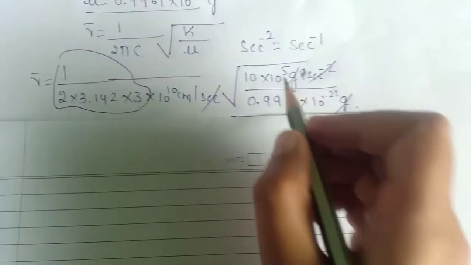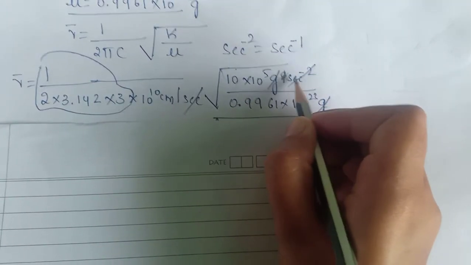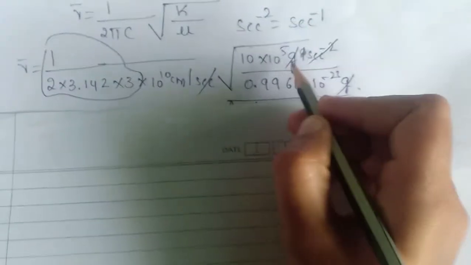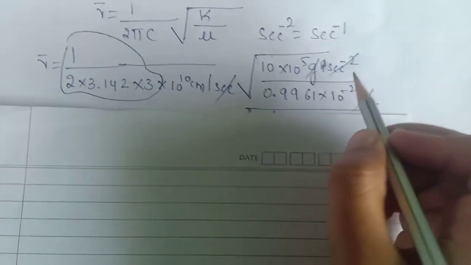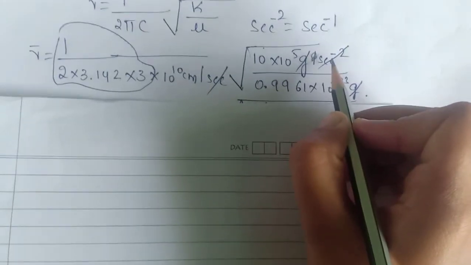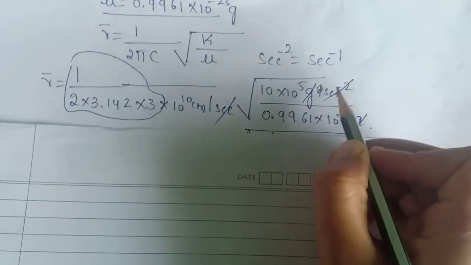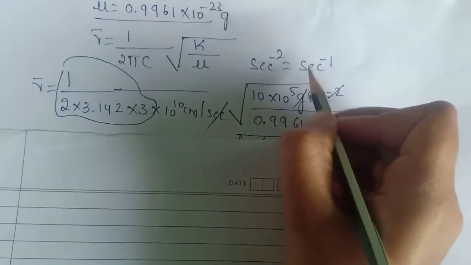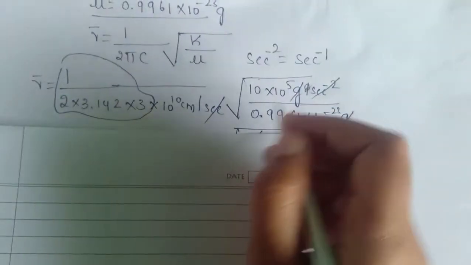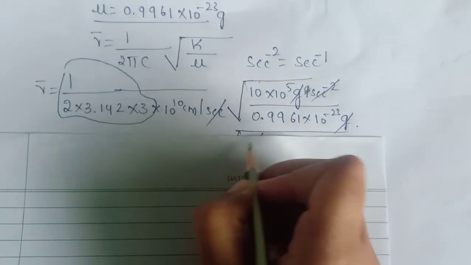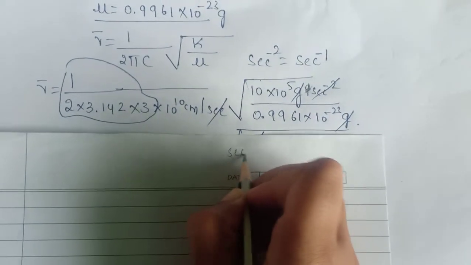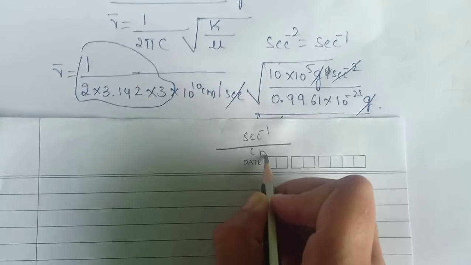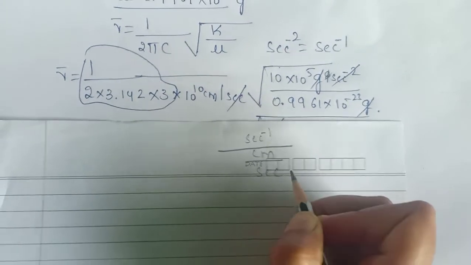Now this is gram into second to the power minus 2. This gram and this gram get cancelled, and this second will get cancelled. Why? Because if I remove this second to the power minus 2 out of the square root, it will become second to the power minus 1. See here, if I remove it, it will become second to the power minus 1 divided by centimeter divided by second.